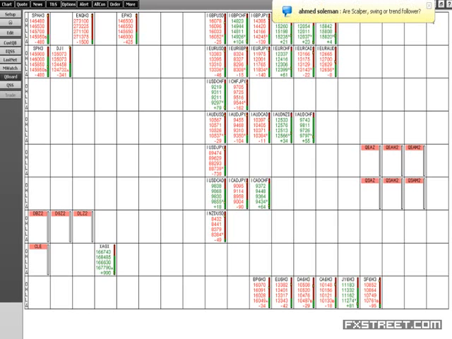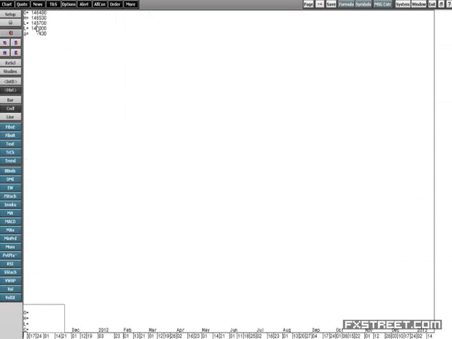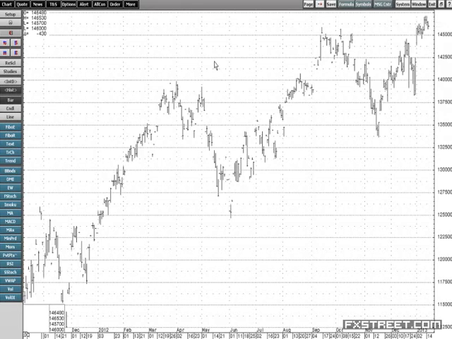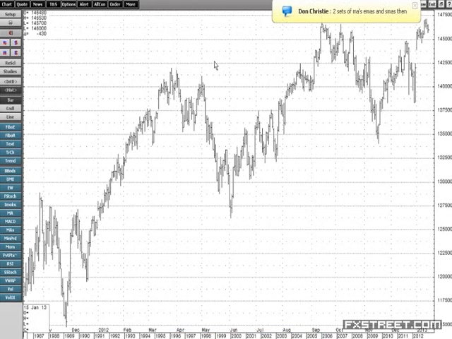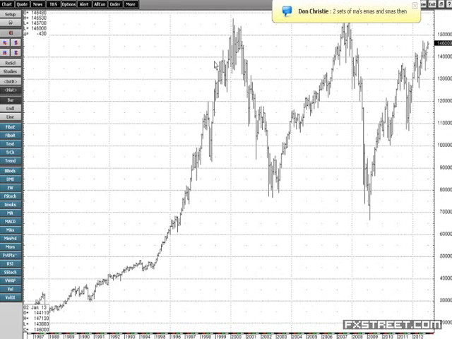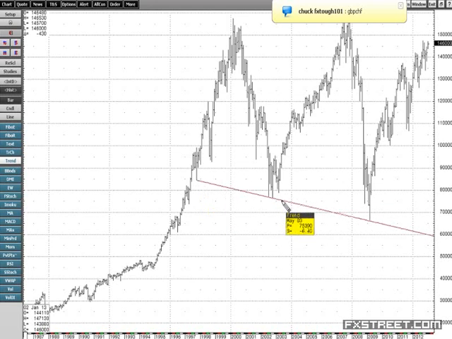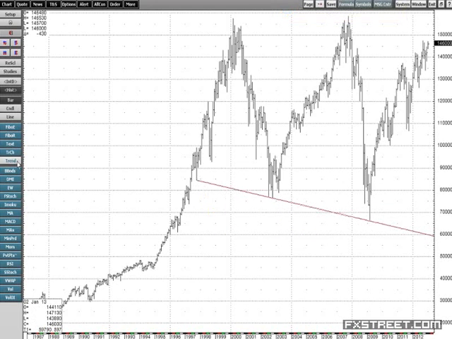What else? I'll show you a chart. This is a good one. This is how charts are spooky. In 2009, when the market was dying, I was asked where I thought the market would go.